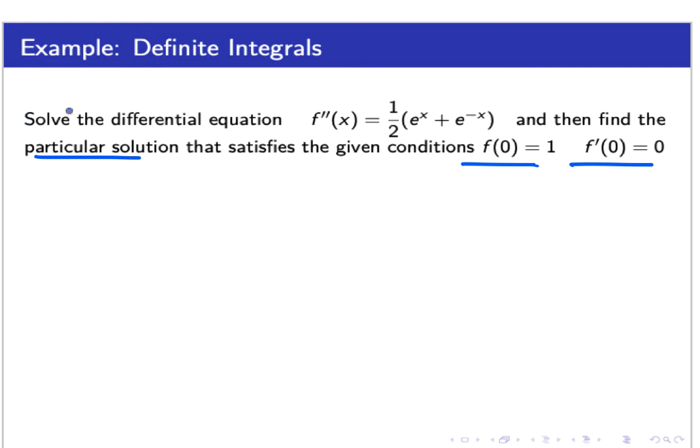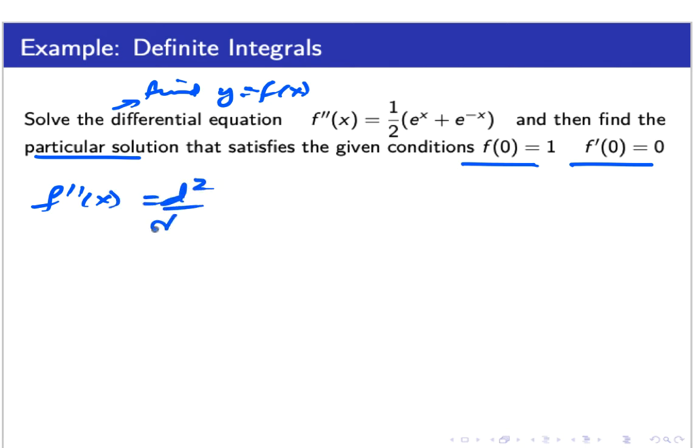Now remember, when you solve a differential equation, it means find y, which is f of x. That's what it means. In other words, to undo the differential, you take integrals. So f double prime of x is d square over dx square of f, half e to the power x plus e to the power minus x.